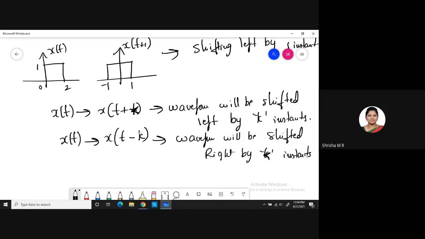So here we are getting the signal early in case of left shifting. In case of right shifting, we are getting the signal delayed or late. Got it, everyone?